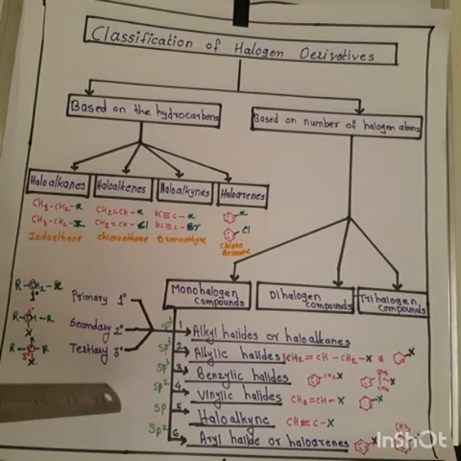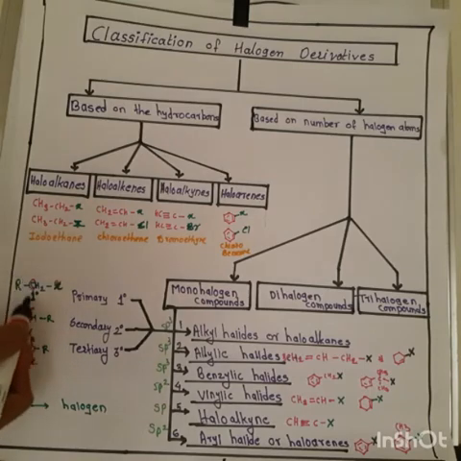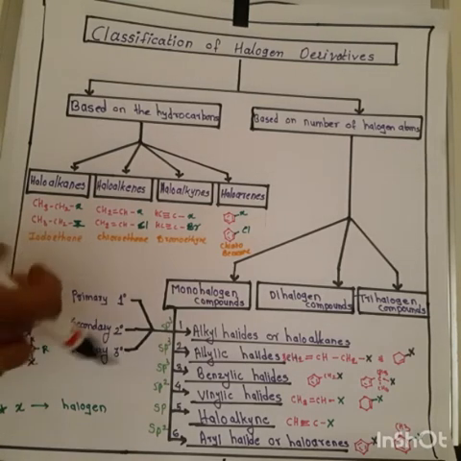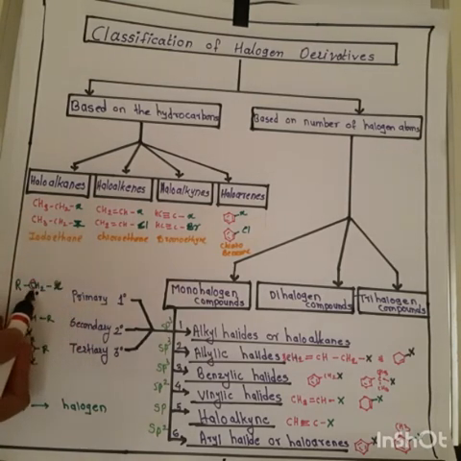Alkyl halides may be primary, secondary or tertiary depending on the substitution state of the carbon to which the halogen is attached. Okay, so alkyl halides have the attachment of halogen to such carbon which can be primary, secondary or tertiary. Okay, but this carbon atom is sp3 hybridized.